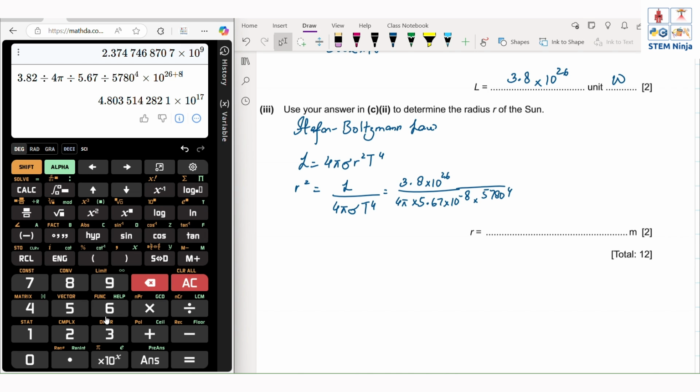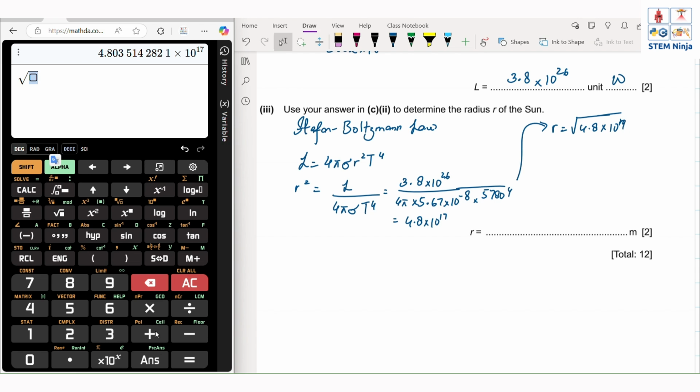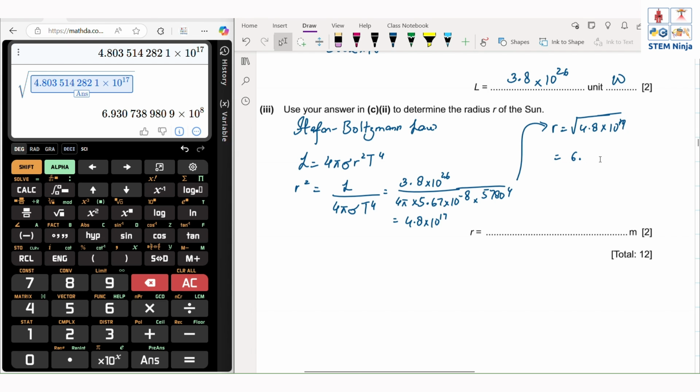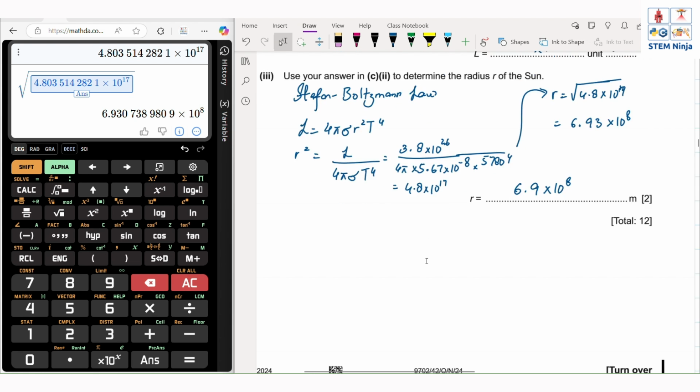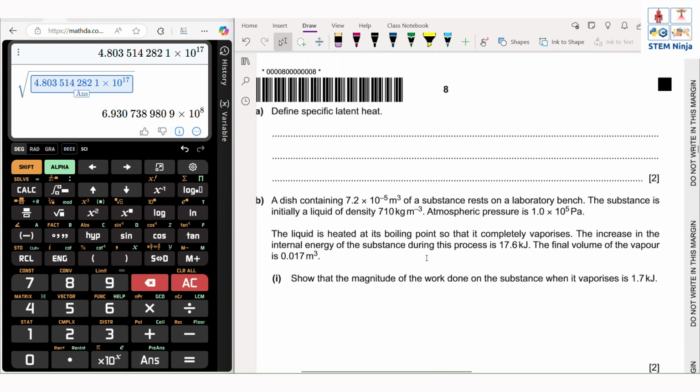We get this value for the square, 4.8 times 10 raised to power 17. Therefore R will be the square root of 4.8 times 10 raised to power 17. Square root of the answer is 6.93 times 10 raised to power 8, so 6.9 times 10 raised to power 8. And that's it. All right, moving on to the next question.